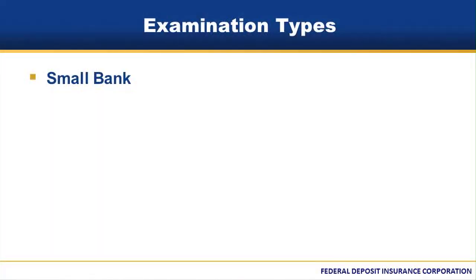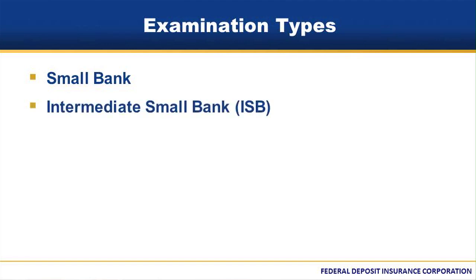In 1995, and again in 2005, changes to the CRA regulation were made to prescribe different examination procedures for the different types of institutions. The small bank CRA examination is a streamlined review of your bank's lending performance. For intermediate small banks, commonly referred to as ISBs, the examination combines the small bank lending test with a community development test.